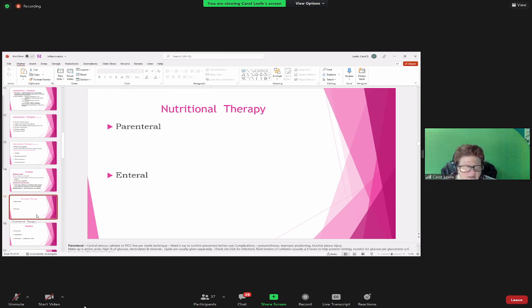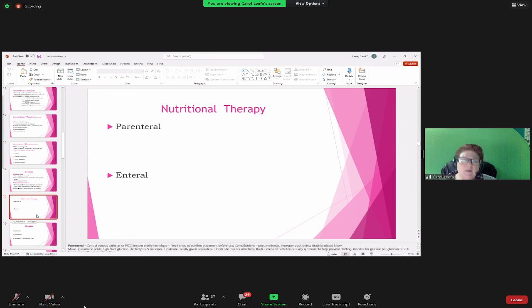So what they would do is put a nasogastric tube down, which will go in the nose and down the back of the throat into the stomach, for tube feedings, but you need an x-ray for confirmation as well to make sure it's right where it needs to be. Or they can have a percutaneous endoscopic gastrostomy tube or jejunostomy tube.